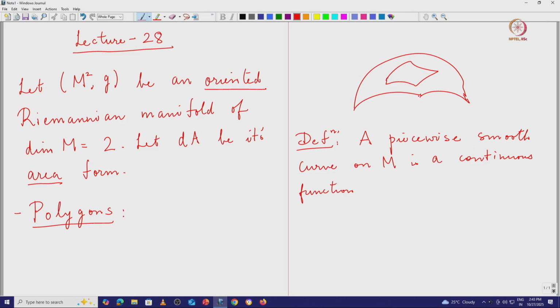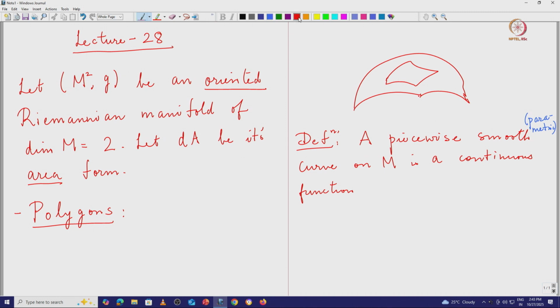So I should insert the word parametric. So whenever I say curve, I actually do not just mean the set theoretic image that I see on M, but actually a curve which comes with a parametrization. Okay.